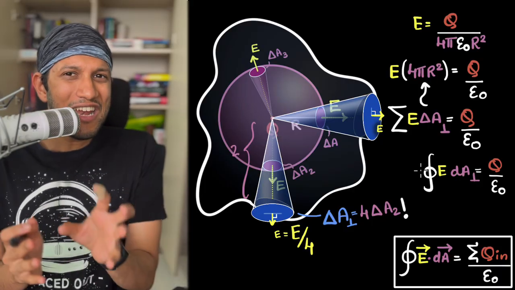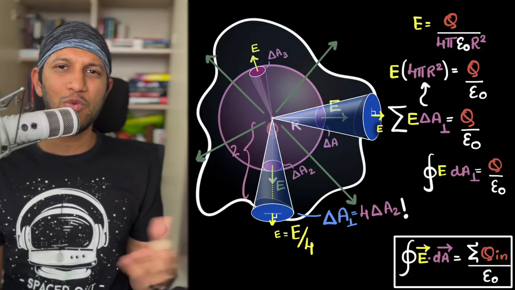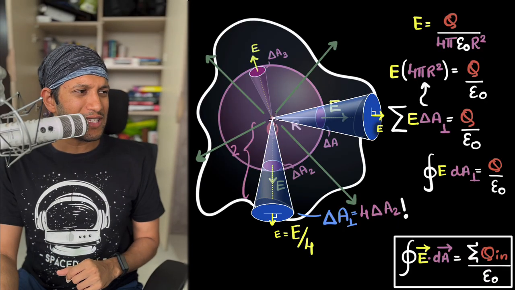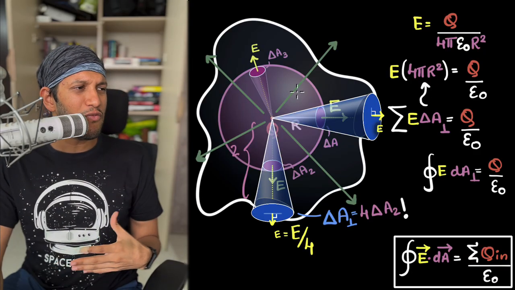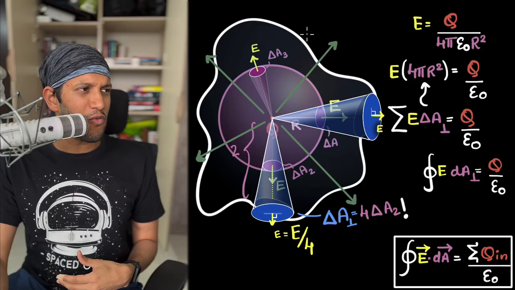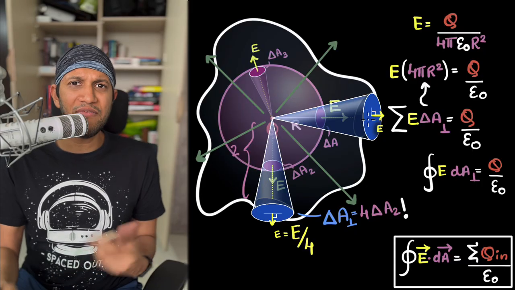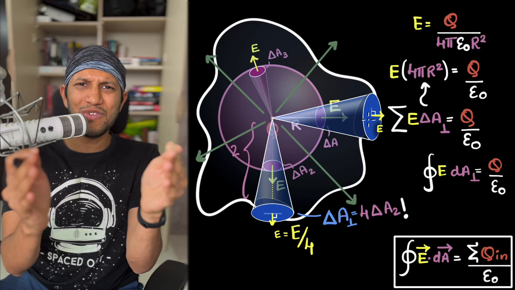In fact, it has the properties of something that's flowing outward. Think about it. If you had a tiny sprinkler over here that's spreading out water, then the amount of water that goes out of this sphere would be the same as the amount of water that goes out of this surface. In fact, the amount of water that goes out of the sprinkler has nothing to do with what surface you choose.